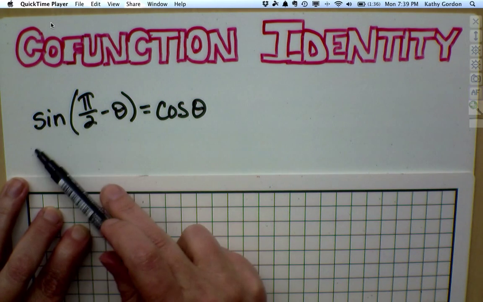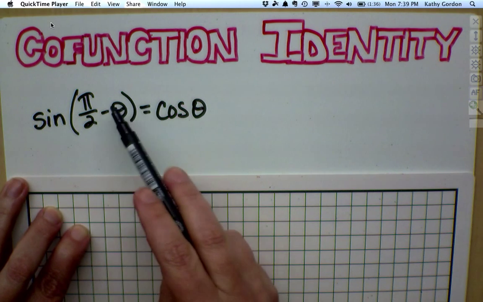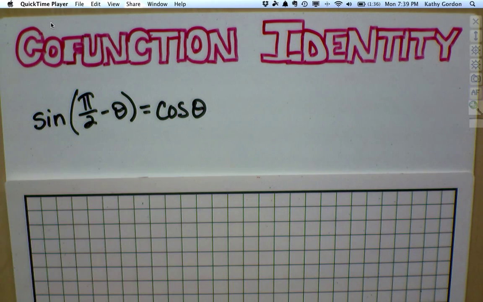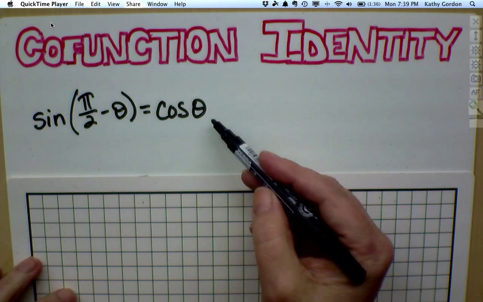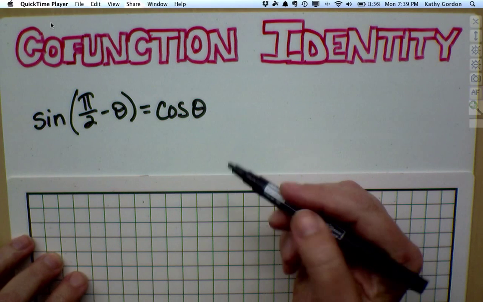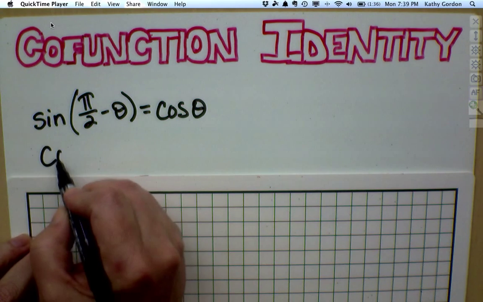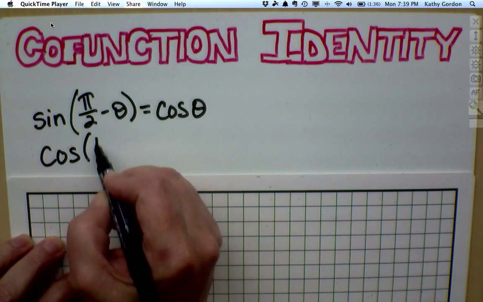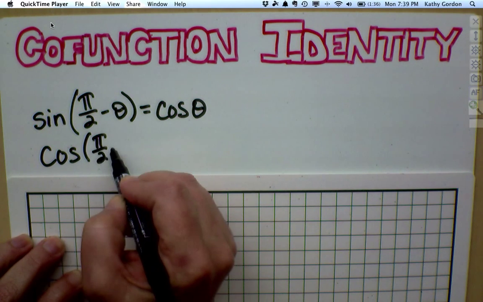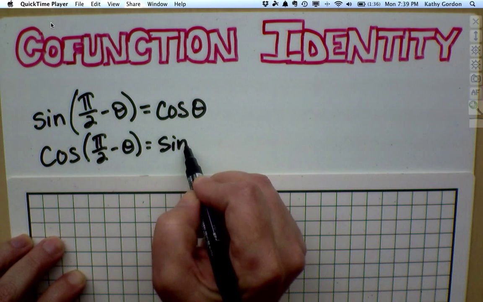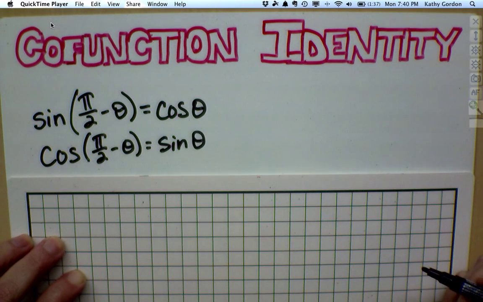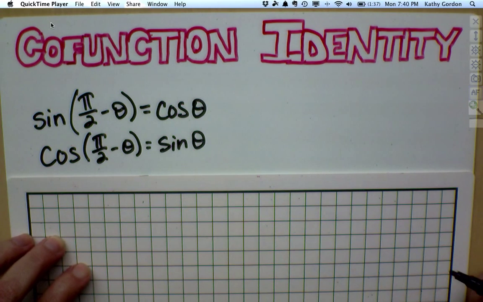If I have sine of this type of expression, I can simplify it by simply changing it to cosine of just whatever theta is. And vice versa. If I have the cosine of pi over 2 minus theta, then that's simply equal to the sine of theta. And again, this works for any value of theta. This is always going to be a true statement.